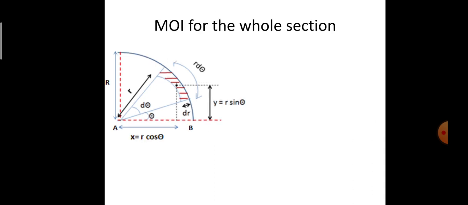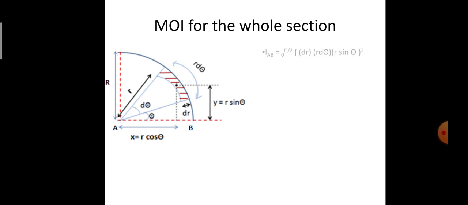This is the equation for the moment of inertia for the elementary section. Before calculating the moment of inertia for the overall section, first I need to find the moment of inertia about the base axis.